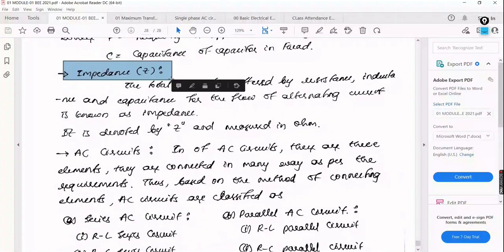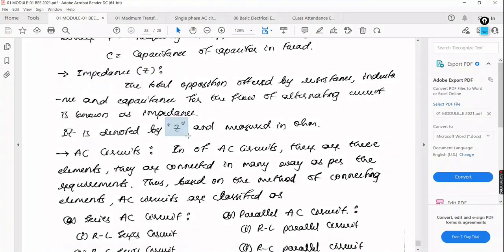Then the last topic: impedance. What is impedance? The total opposition offered by the resistance, inductance and capacitance combination to the flow of electric current is called impedance, represented by Z and measured in ohm.